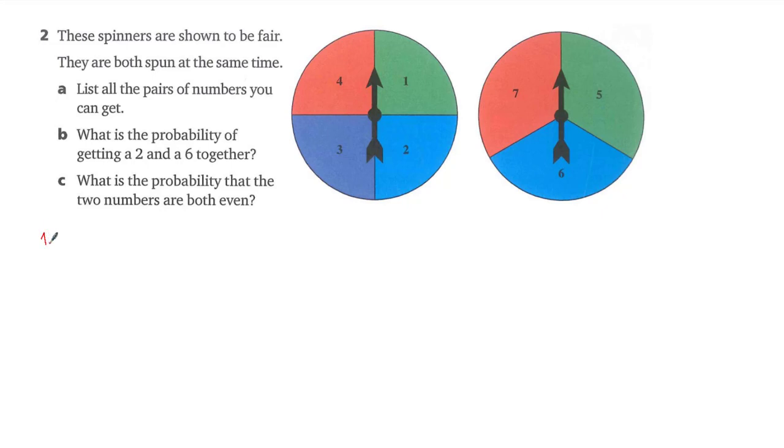The first one being 1, the second one showing 5, for example. Another outcome would be 1, 6. Another outcome would be 1 and 7. Then 2, 5, 2, 6, 2, 7.